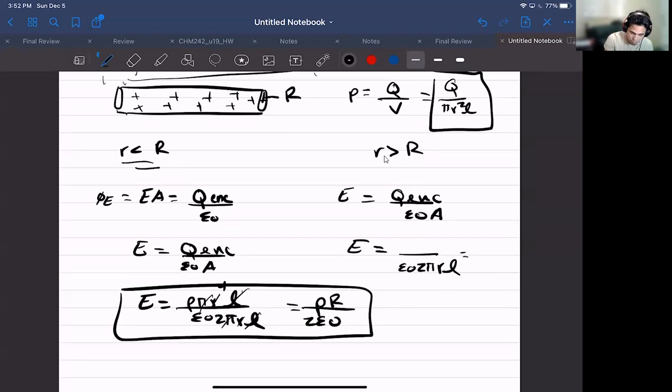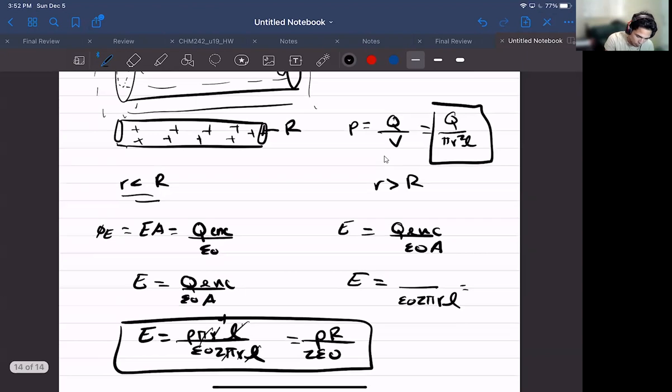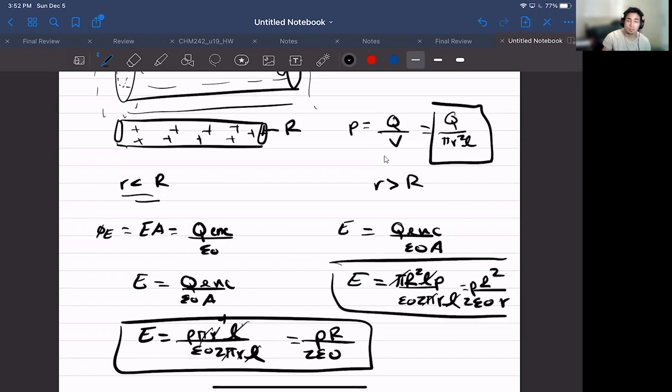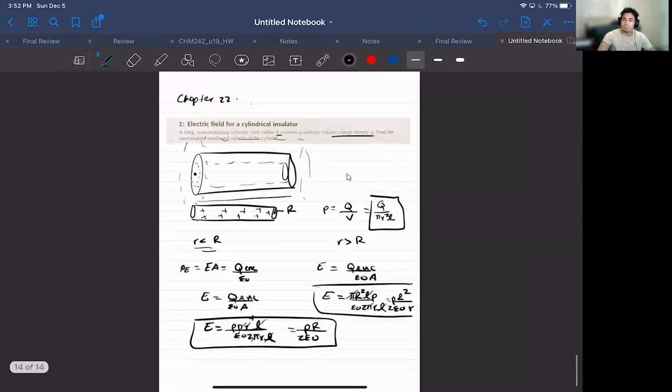So the Q enclosed would be the whole thing on top like we found for Q. So it would be pi R squared times the length times the density. The only things that are going to cancel out are the length and pi, and we get something like this: R squared over 2 epsilon naught times the radius. And that will be the electric field for inside and outside. All right.